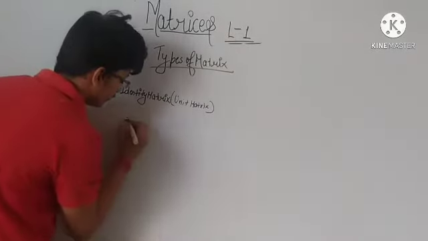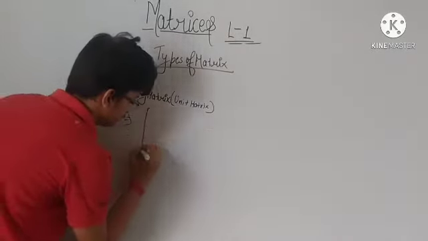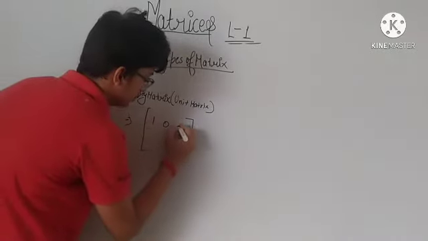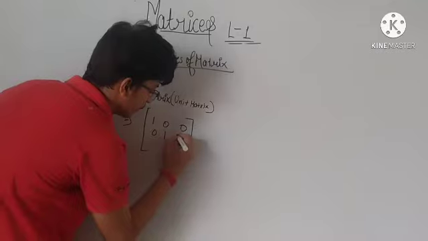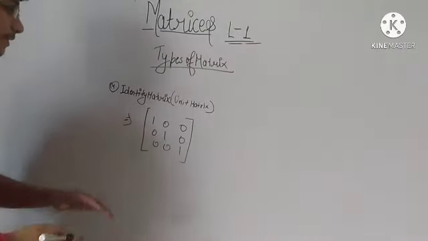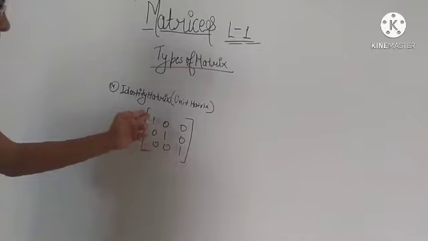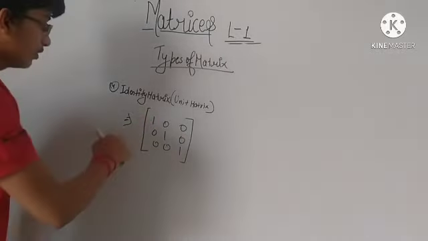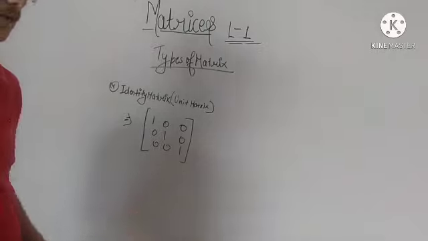So construct the matrix 1, 0, 0, 0, 1, 0, 0, 0, 1. A square matrix having the main diagonal as 1 and the other elements as 0 is called an identity matrix or a unit matrix.